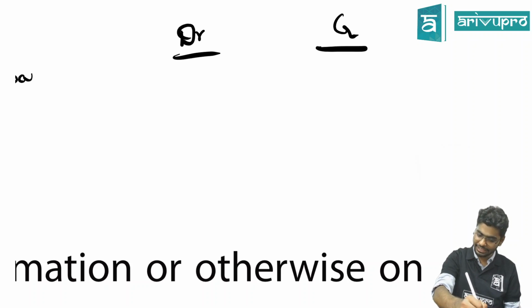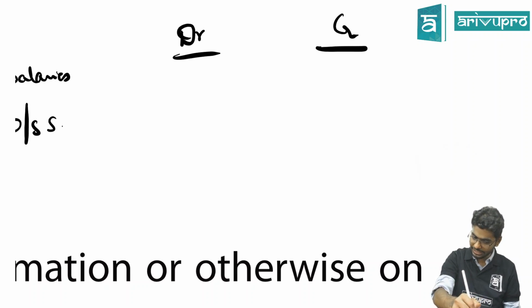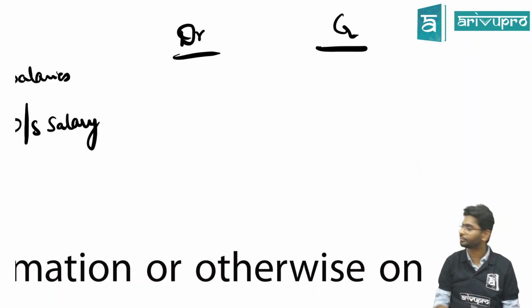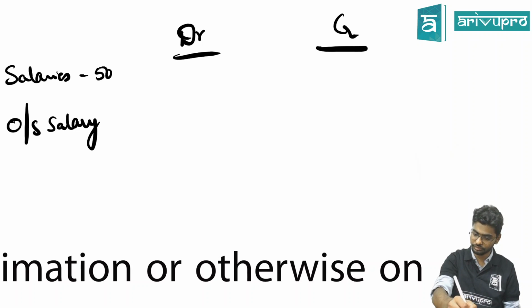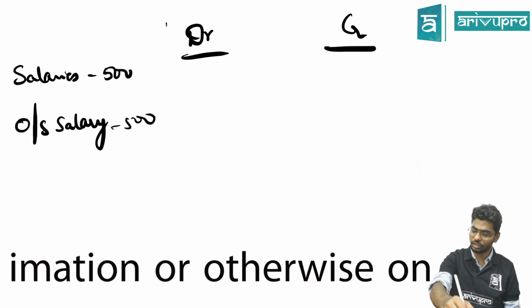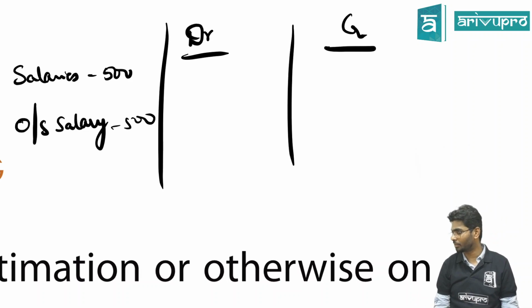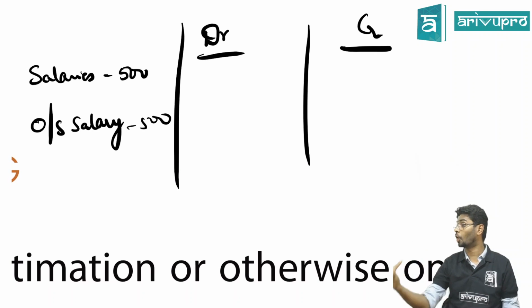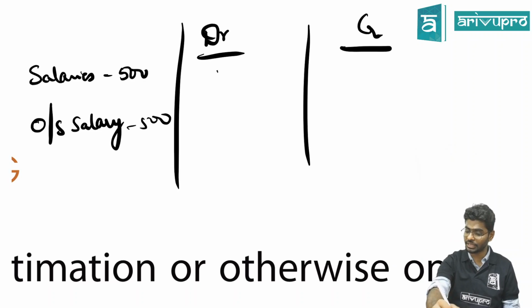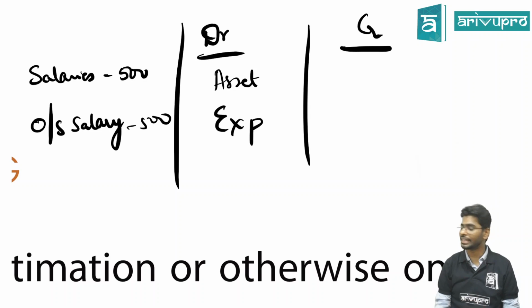I know salaries is there. There is an outstanding salary also. There is a salary, there is an outstanding salary. How much rupees? Anything which is outside the trial balance should have one debit, one credit. What can be our option for debit? Either it can be an asset or it can be an expense.